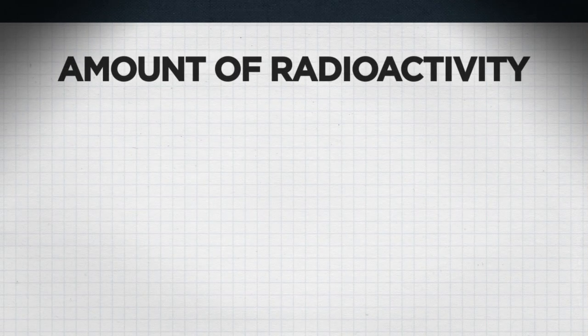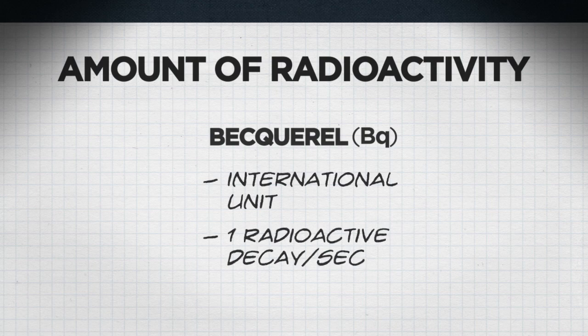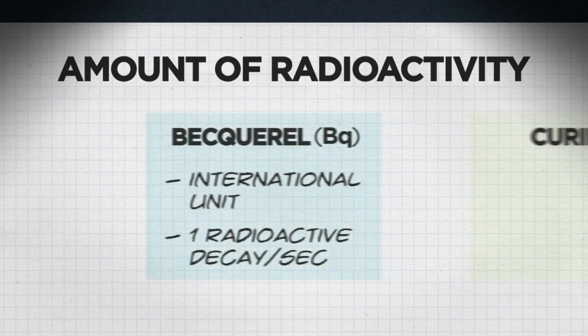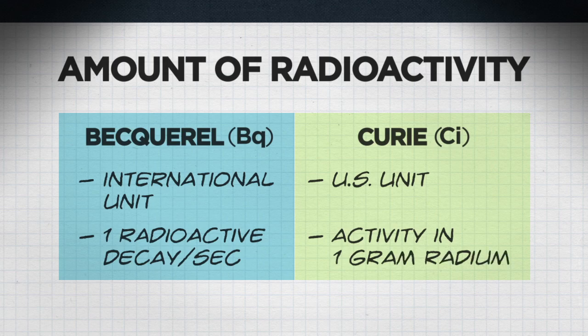Now, to report the amount of radioactivity, the unit we use is the becquerel. Becquerel is the international unit of radioactivity, and it represents 1 radioactive decay per second. We have an older unit, the Curie, that many people in the United States still use, and the Curie is based on the activity in 1 gram of radium. So we relate radioactivity in any sample back to the activity in 1 gram of radium.